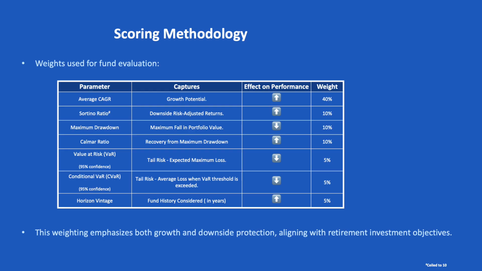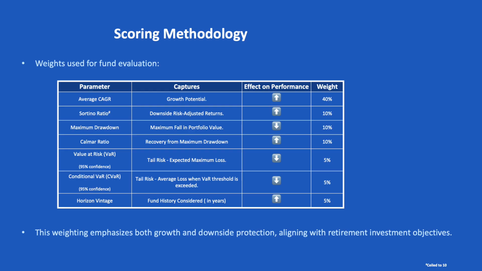I've used two metrics to capture the tail risk. One is VaR and the other is conditional VaR, both at a 95% confidence. The VaR captures the expected maximum loss, and CVaR captures the average loss when the VaR threshold is exceeded. Both have an inverse relationship to the fund performance, with lower values indicating better fund performance.